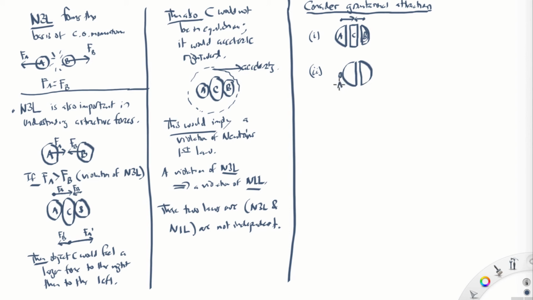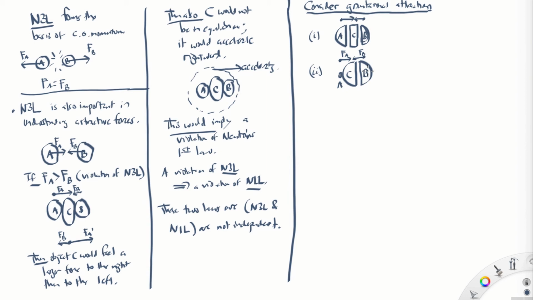So this is object A, this is object C, and this is object B. Notice again that the argument does not change. In other words, object A is getting pulled toward object B with the exact same force that object B is getting pulled toward object A.